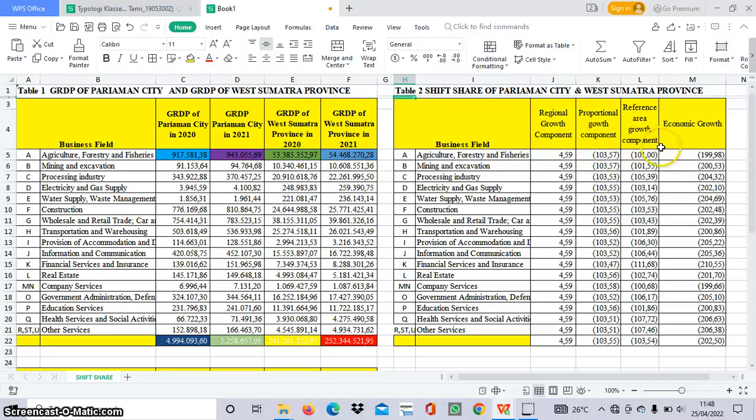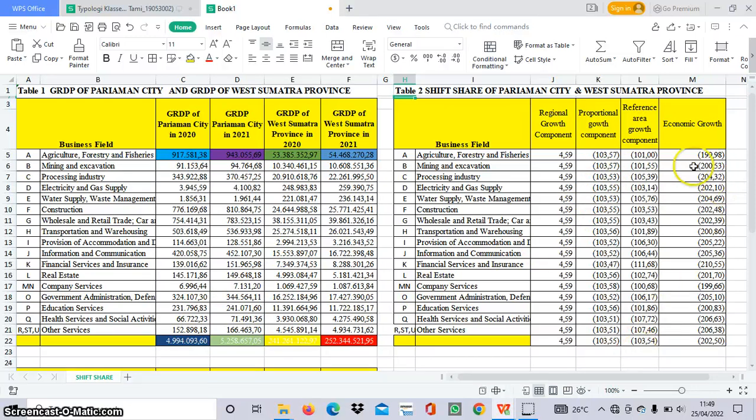And after that, the reference area growth component. For the reference area growth component, we use the formula: the color purple divided by the color blue, in brackets, this amount divided by this amount, and multiplied by 100, and this is the result.